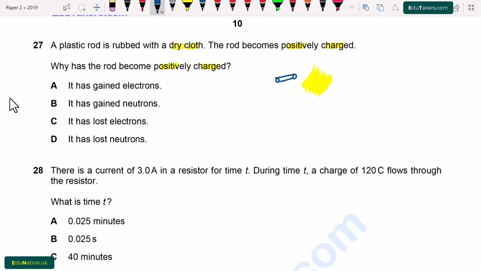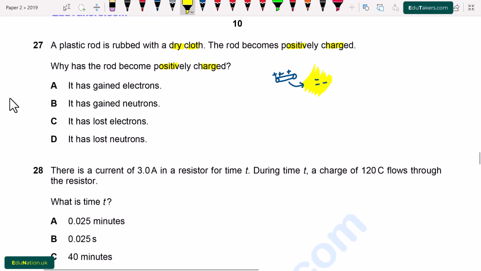When this rod is rubbed with the dry cloth, the rod becomes positively charged. It means that the electrons are shifted from the rod towards the dry cloth. The rod loses electrons, due to which it becomes positively charged, while the dry cloth becomes negatively charged.